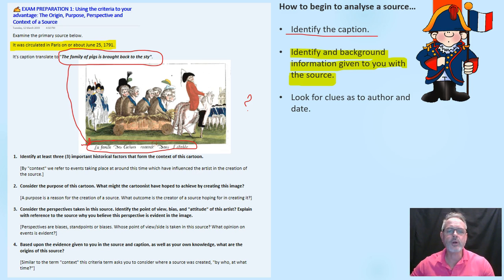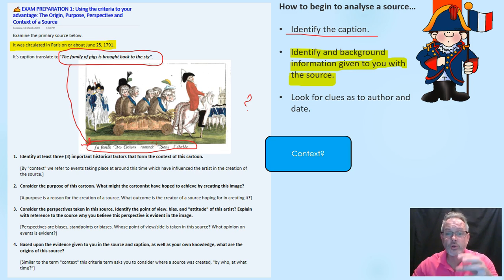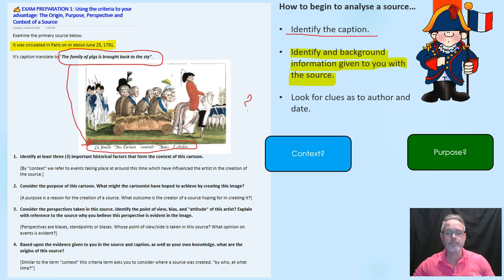So have a bit of a think about what we're trying to discover here. We're trying to identify the context. What are the historical events, trends, personalities in place at the time? What's happening at the time of this? When someone creates a source, what are they hoping to achieve by that? What is the source's purpose? Why would someone have drawn this source in this way?